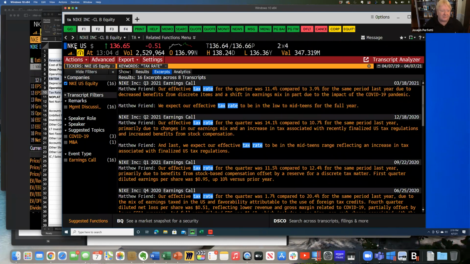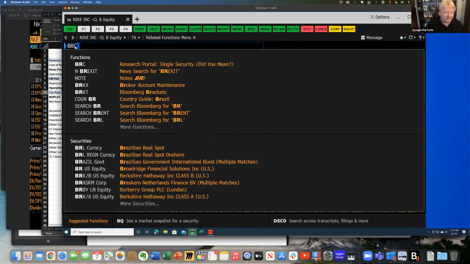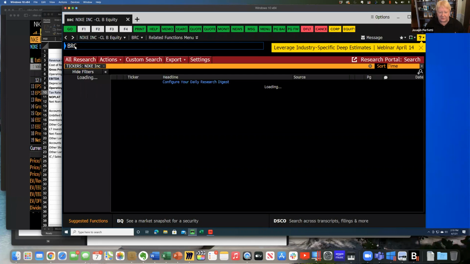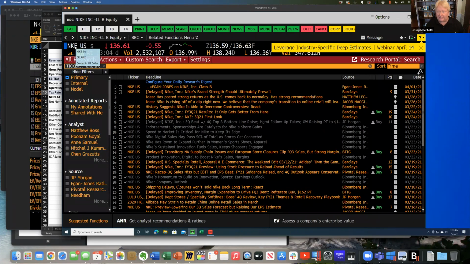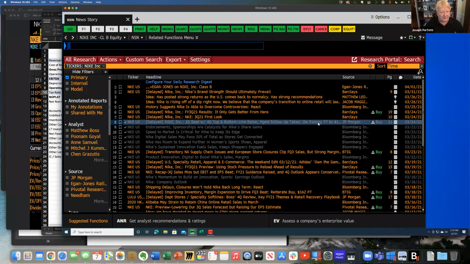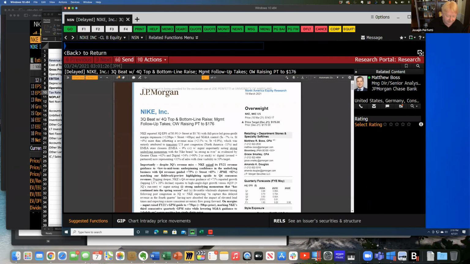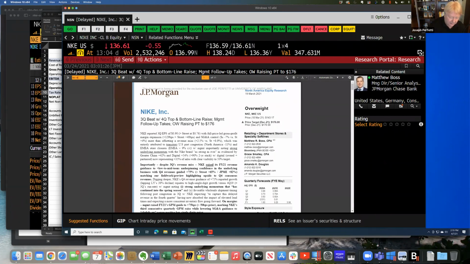Now, I also think you can go to BRC and look at what the analysts are saying, because this is where the sell side research reports are. And I will just tell you, based on my experience, JP Morgan always seems to include a tax rate forecast. So I'll just pick a recent JP Morgan analyst report. Here's one on March 24th. And I'll just do a quick search for tax rate. See what they're using.